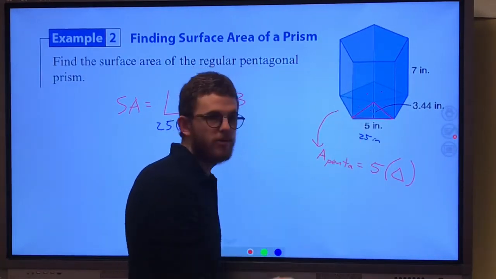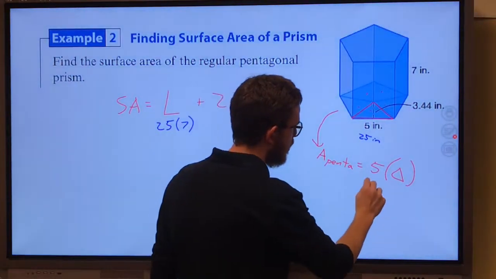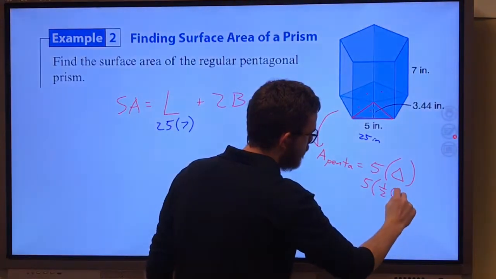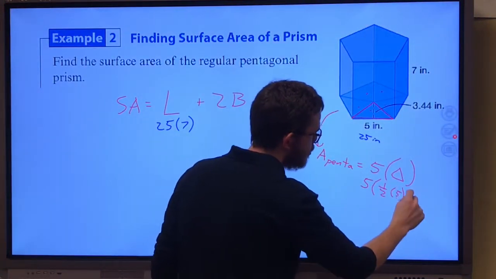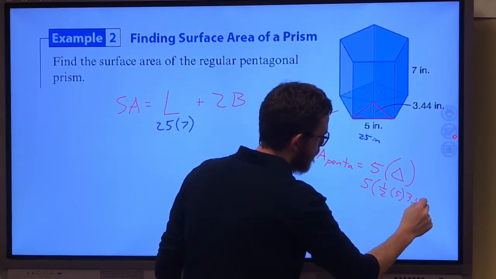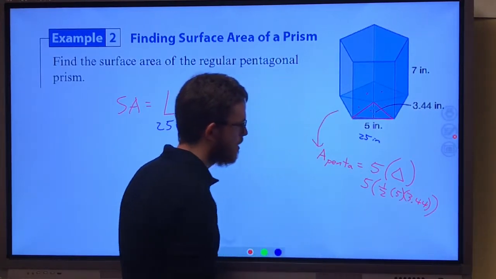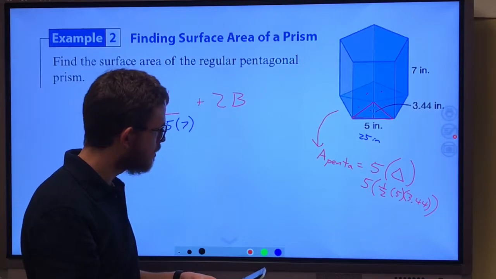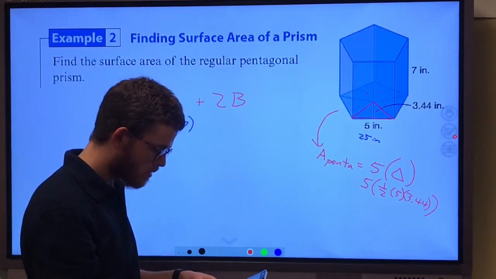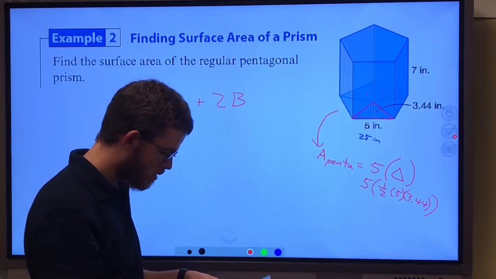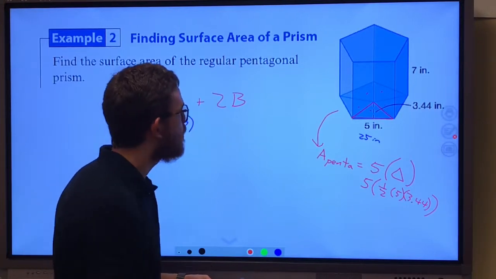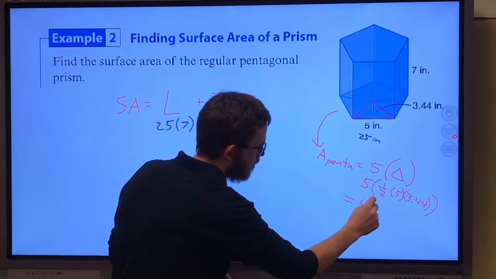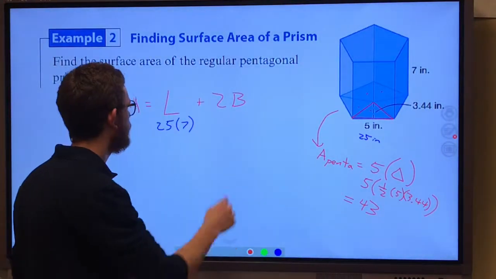Right? 5 times the area of the triangle. The area of that triangle would be 1/2 the base, which is 5, times the height, which is 3.44. So if I multiply that all together, the area of that pentagon comes out to be 43.